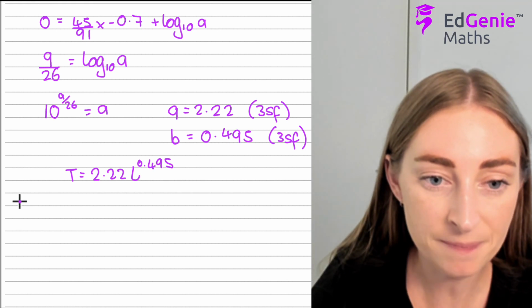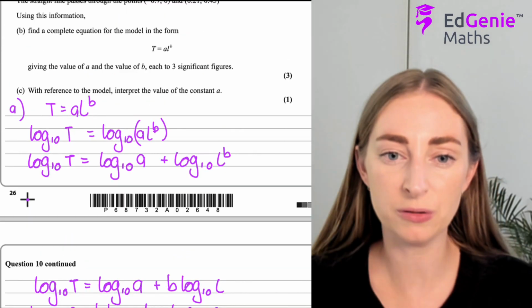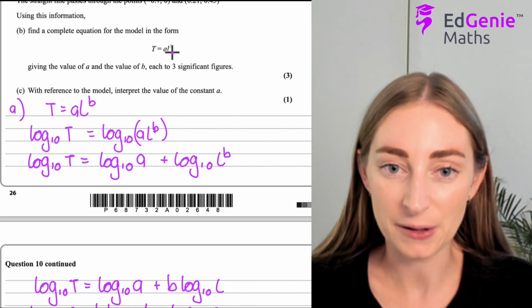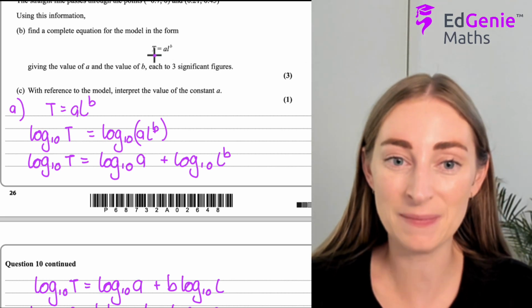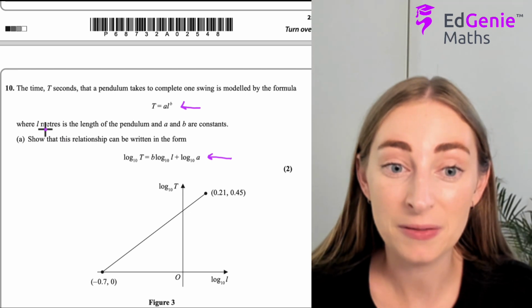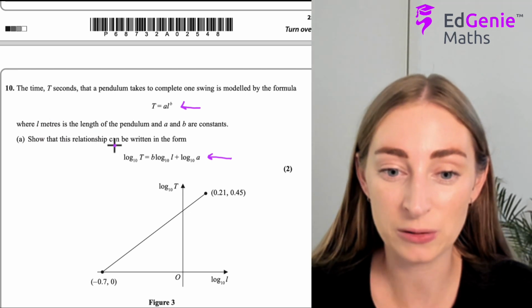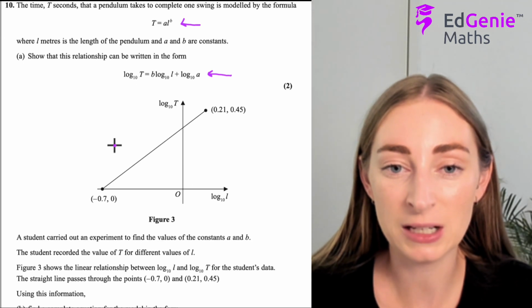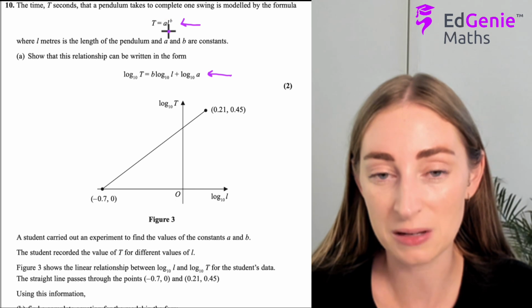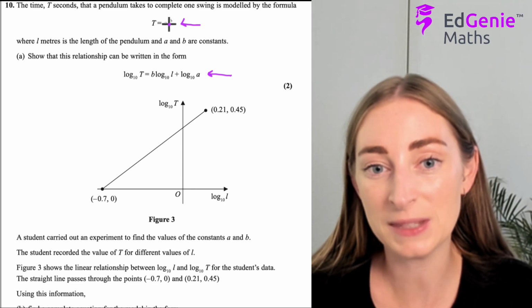Part C says, with reference to the model, interpret the value of the constant a. So t is our time, L is, what was L? L is meters, the length of the pendulum, and a and b are constants. So if I look at this equation, that's time, that's length of the pendulum. So imagine if that b was 0, this would then be 1.